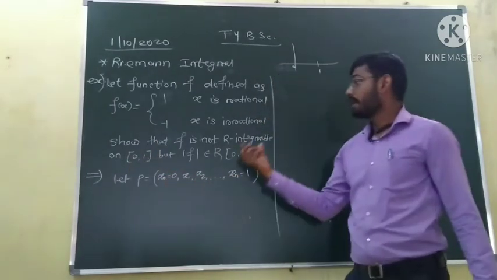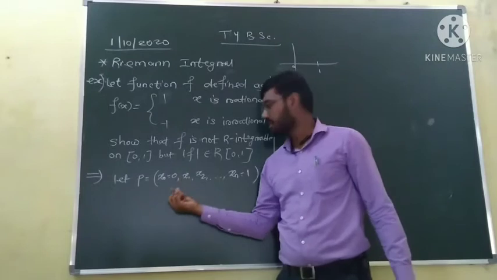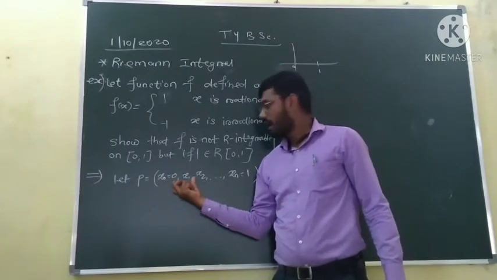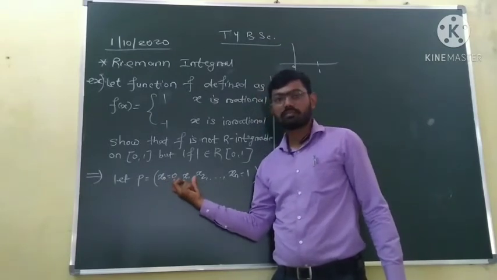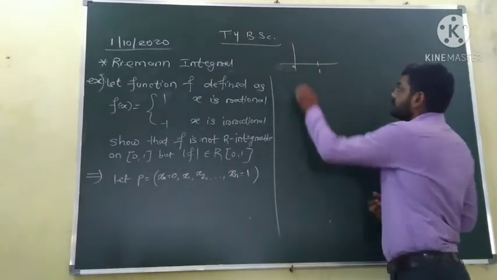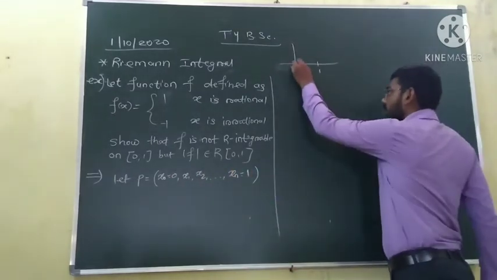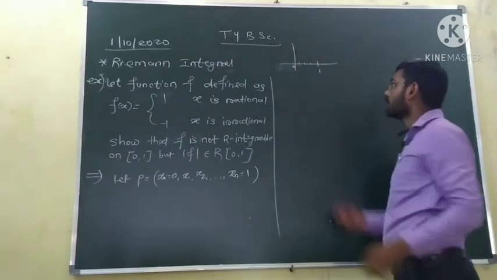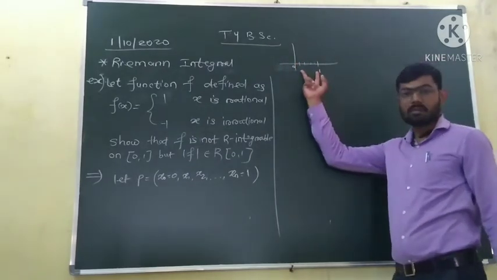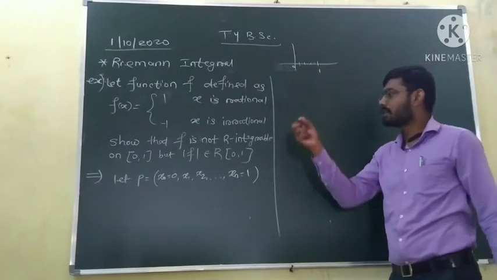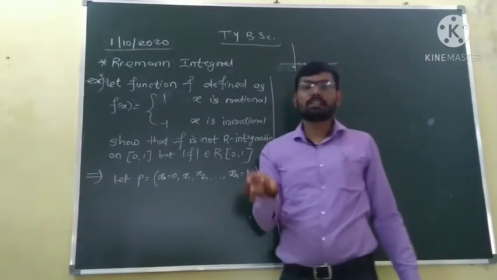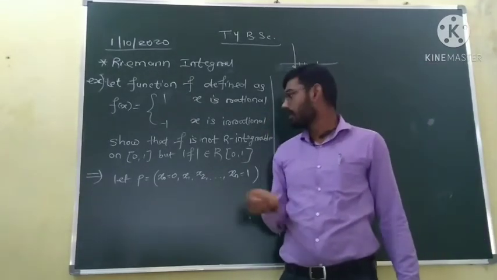Similarly, there are infinitely many rational and irrational numbers between any subintervals. So in this 0 to 1 interval, we take a partition and we get subintervals. In each subinterval there are infinitely many rational and irrational numbers.